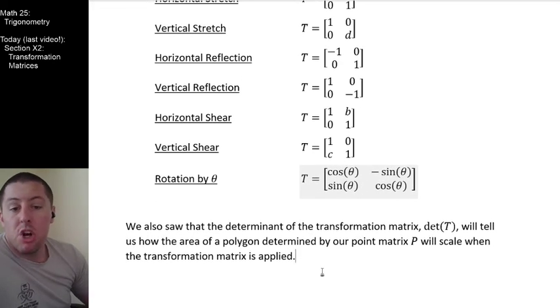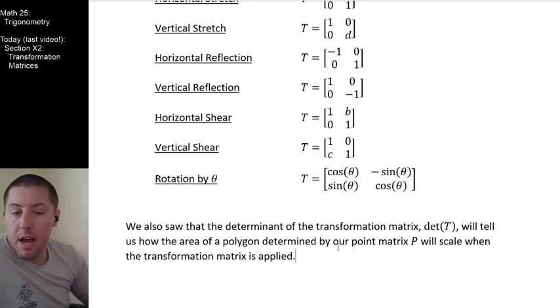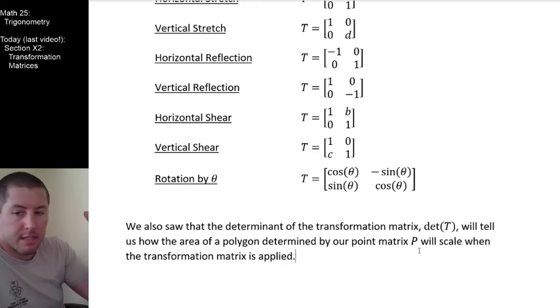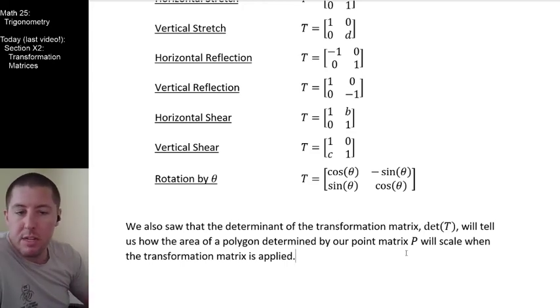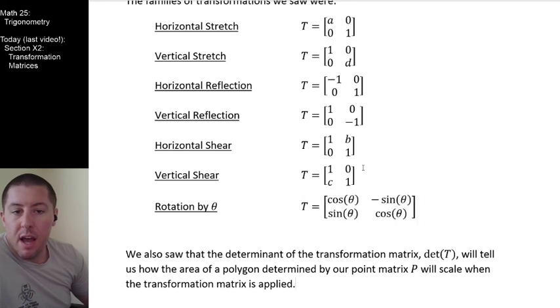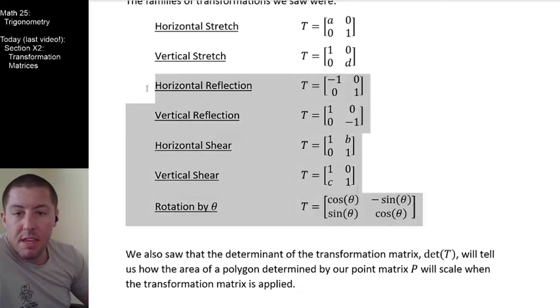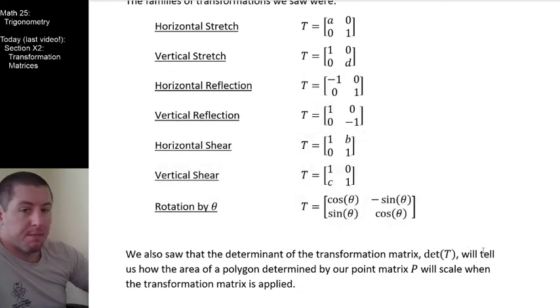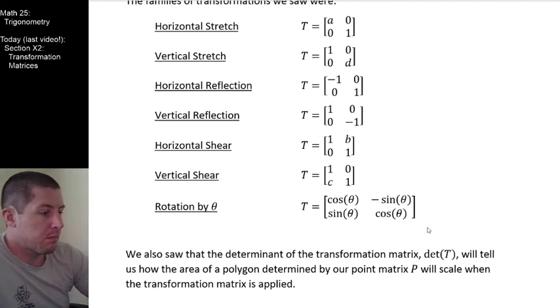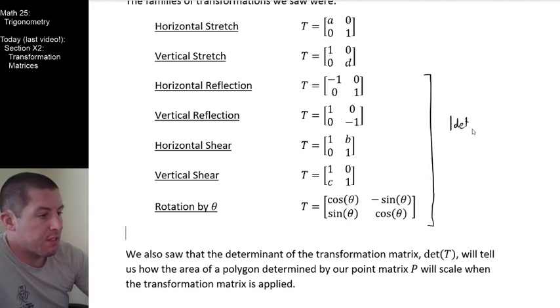We also saw the determinant of the transformation matrix will tell us how the area of a polygon determined by our point matrix P will scale. Does it get multiplied by 6? Does it get multiplied by a half when that transformation matrix is applied? And importantly, I'm seeing here that all of these have determinants of 1. Or I should at least say absolute value of the determinant of T equals 1.